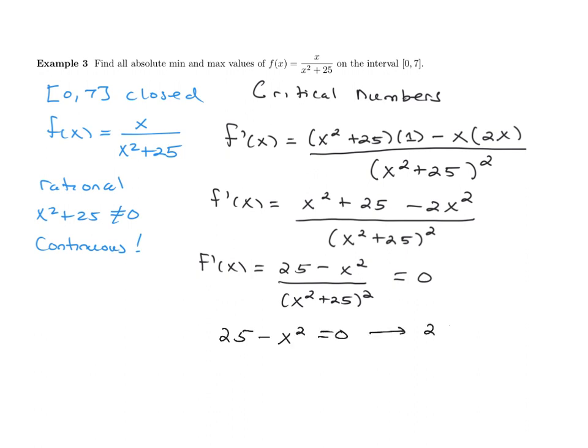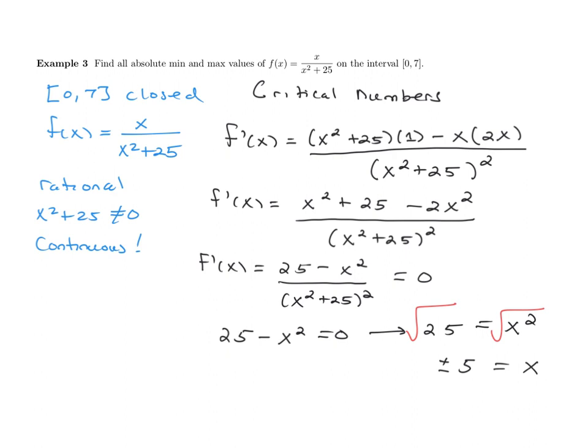When I add x squared to both sides, I get this. And by taking the square root of both sides, we get that x is equal to 5, but technically plus or minus 5. So there are two numbers that make the derivative 0. Notice that the interval is from 0 to 7. We do not need to consider any critical numbers that fall outside of this interval.